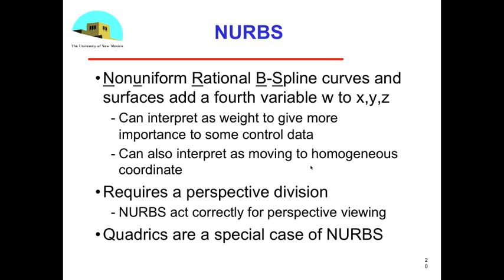But you don't want to have generally two different ways of dealing with things in your own graphics library. You don't want to deal with quadrics in one way and parametric polynomial surfaces and curves in a second way. Well, it turns out that quadrics, if you pick the parameters carefully, are a special case of NURBS. So NURBS include all of the types of curves we've talked about so far, plus they include the quadrics if you adjust things correctly.